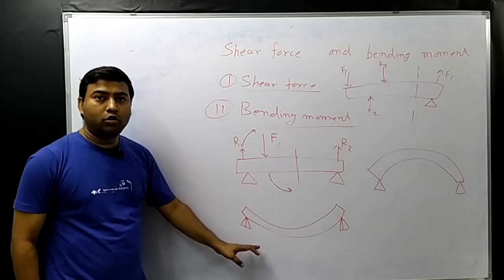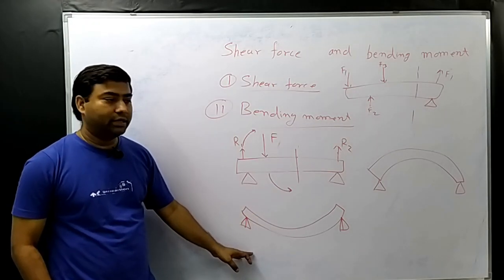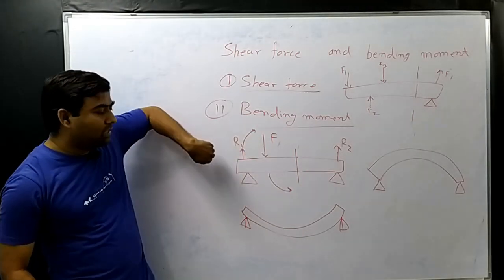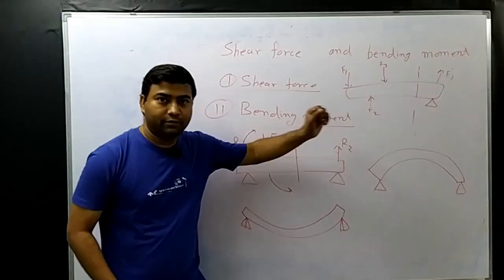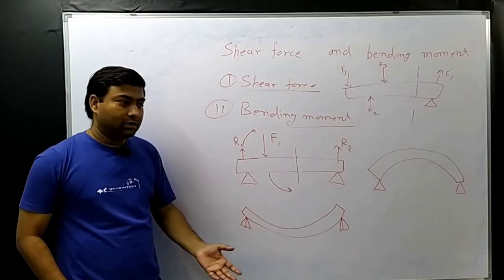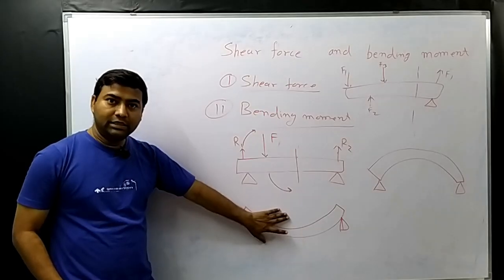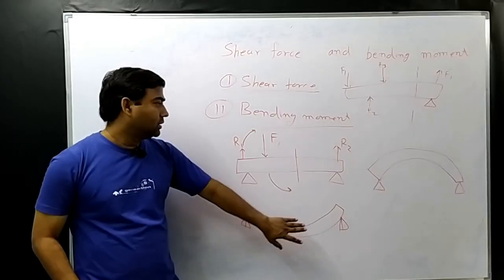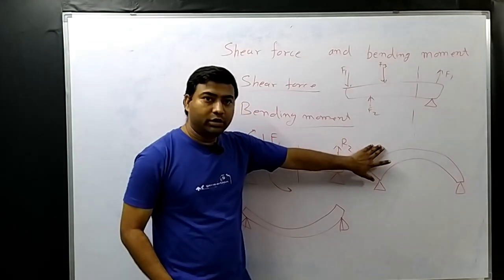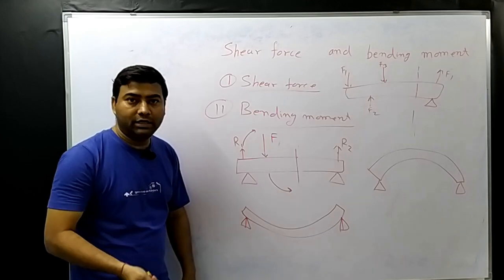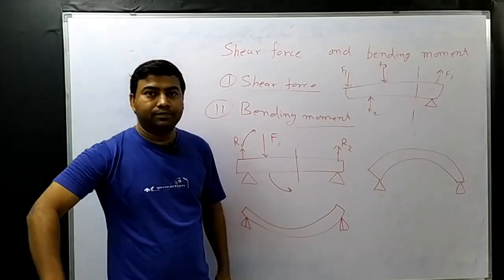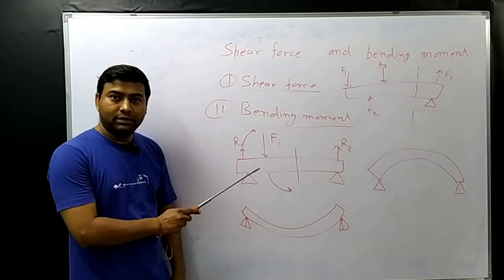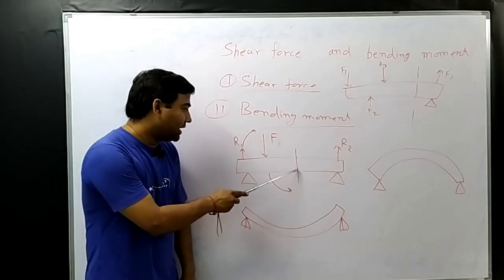If it takes this shape, this is called sagging moment. If the net moment at every point due to only leftward forces or only rightward forces tries to bend the body in this shape, then it is called sagging moment. If it tries to bend the body in this shape, this is called hogging moment.